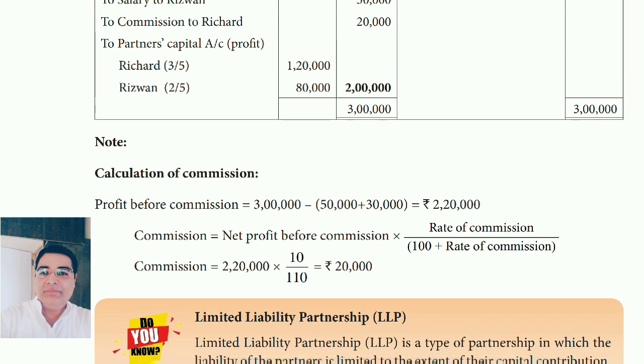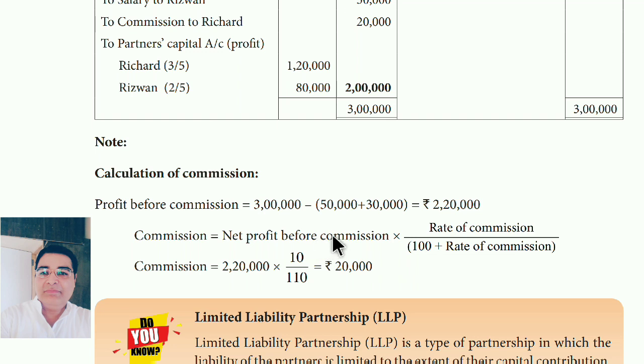On this 2 lakh 20,000, 10% commission. So 10 by 110, because it is after charging commission. This is not net profit before commission; this is a printing mistake. This is after commission.